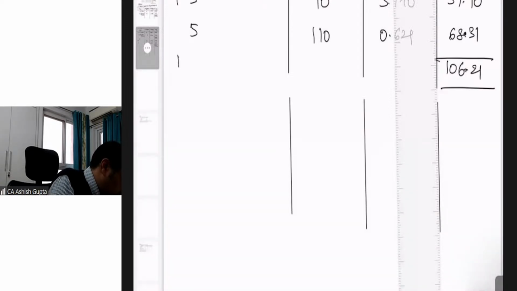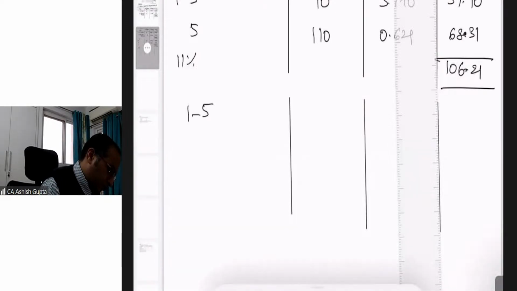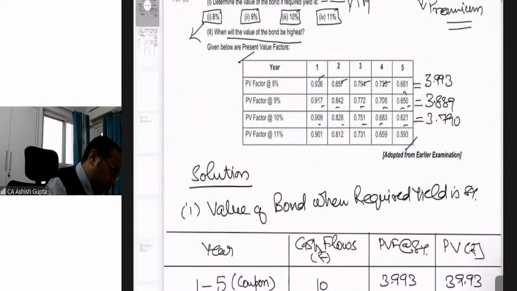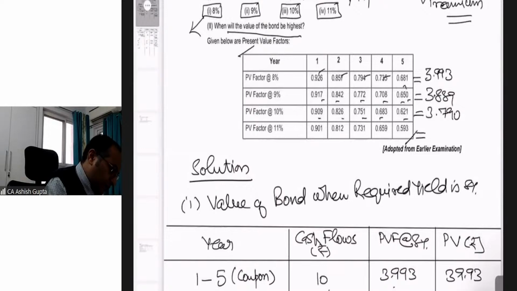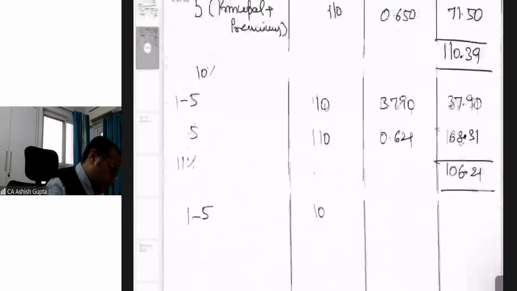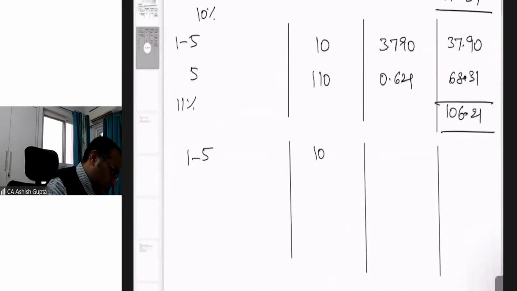Now last is our required yield is 11%. Accordingly, 1 to 5 years, the value of the total comes to 3.696. Okay, student, the last is the terminal value we can say.